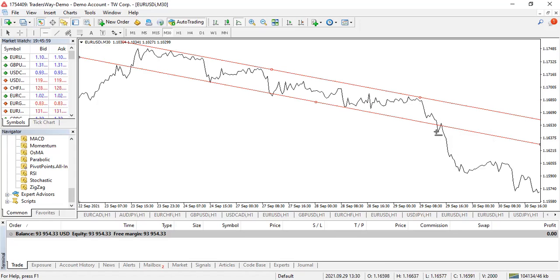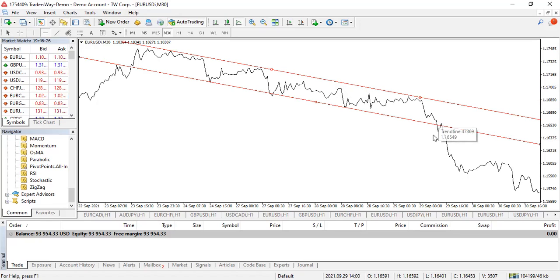But as a conservative trader as well, it will save you from many fade outs, because some trades will break out of the channel, and the moment they break out of the channel, they will reverse back into the channel. So it will save you from a lot of bad trades.